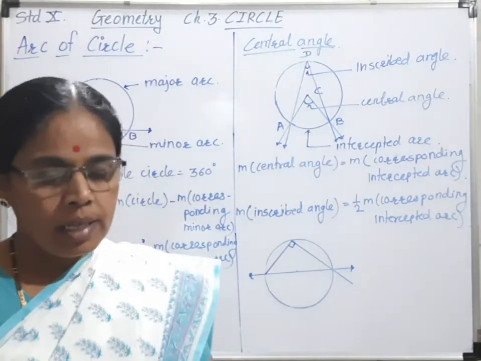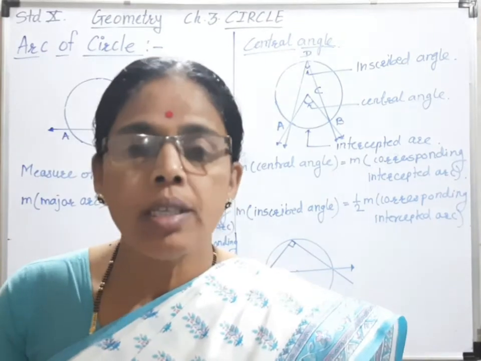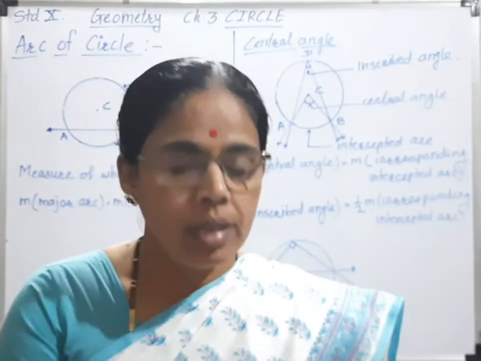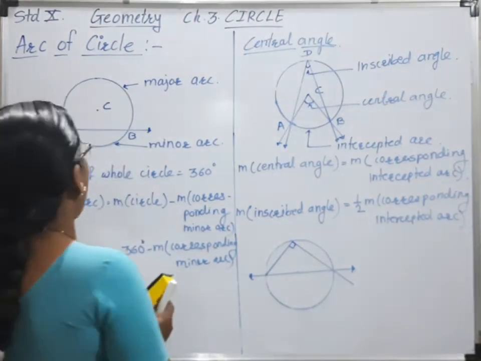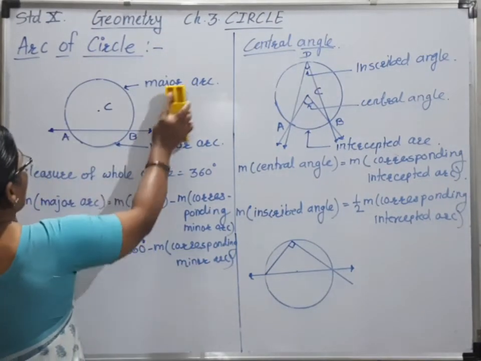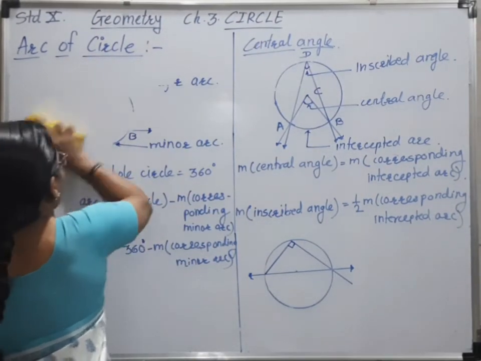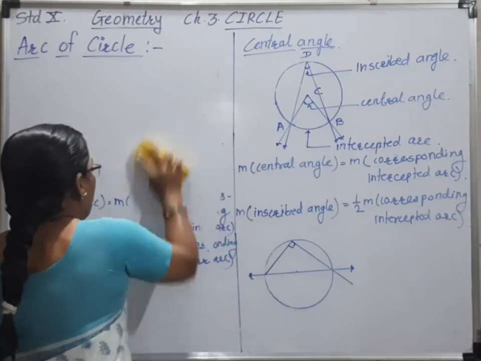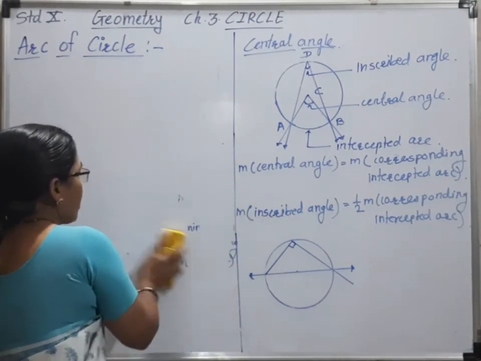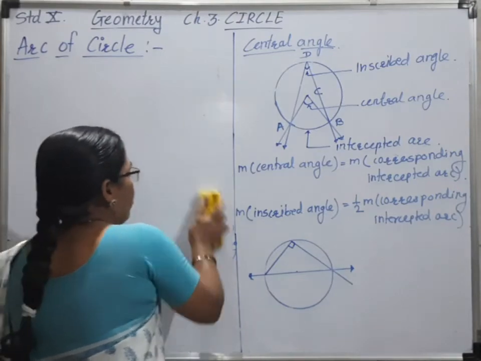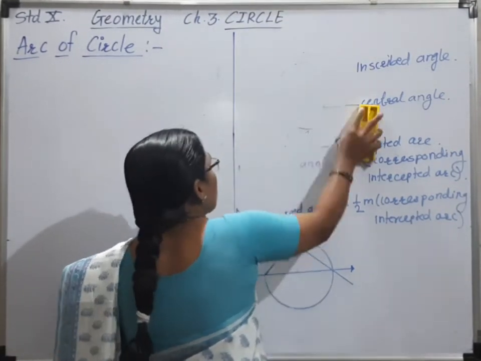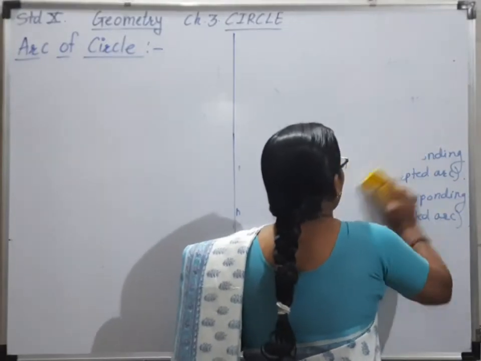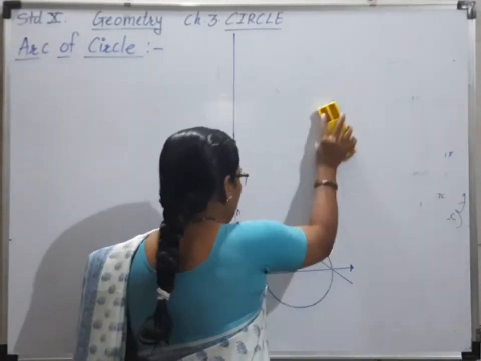Now the next part is congruence of arcs. If concentric circles are there, we learned that the measure of the central angle is equal to the measure of the intercepted arc.